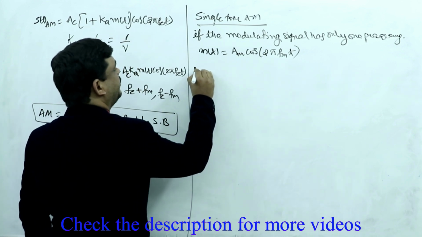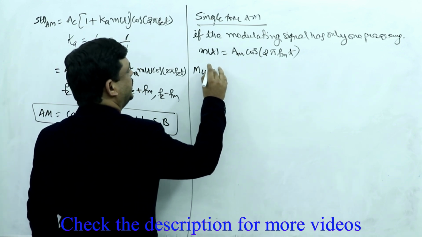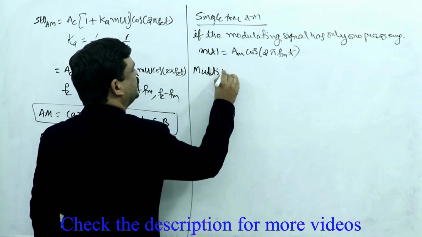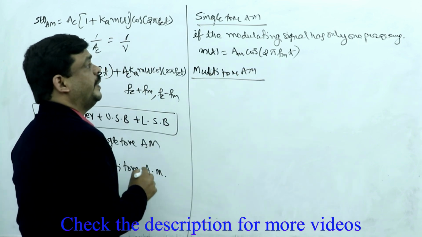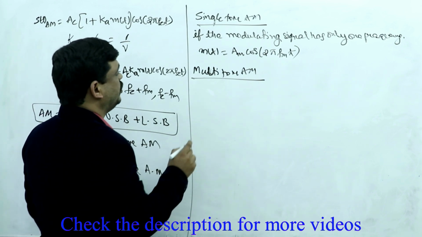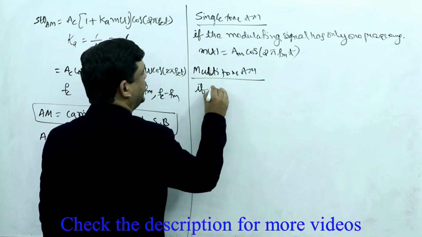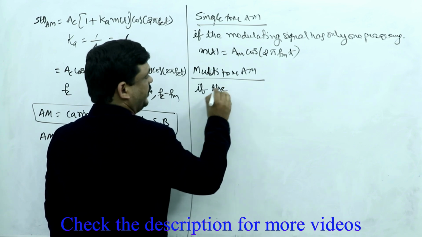Another type of modulation is multi-tone modulation. In multi-tone amplitude modulation, we have to consider that the modulating signal has more than one frequency.